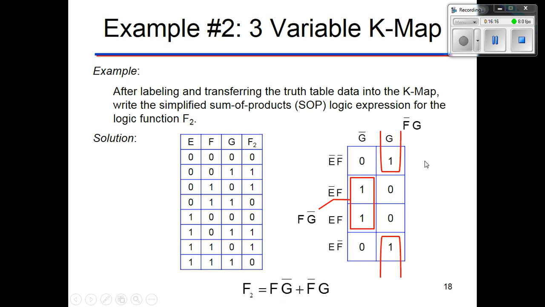And the other group is G, obviously. And over here I have not E and E once again cancel out. So what I'm left with is not F. So my final answer is F, not G, plus not F, G.